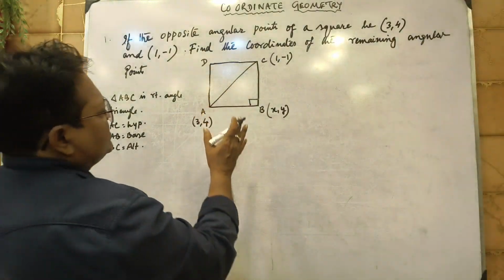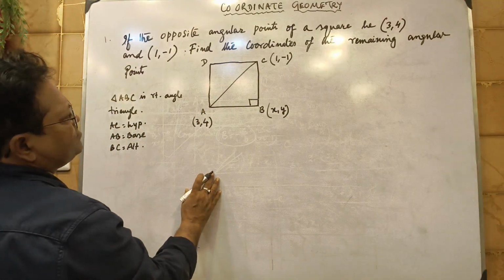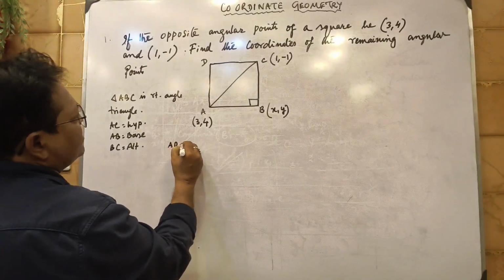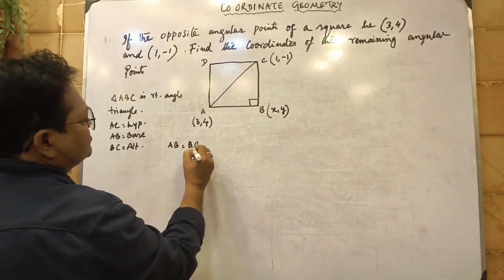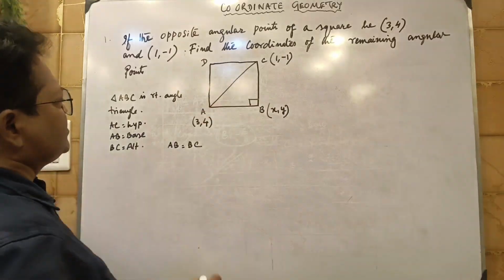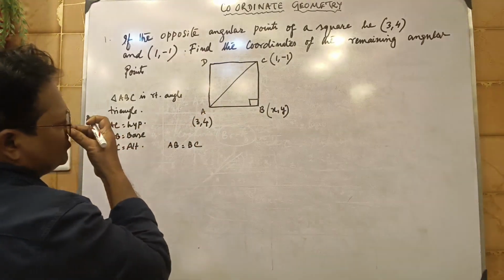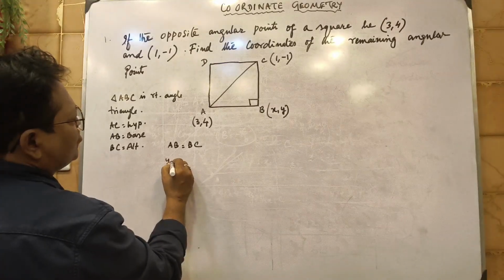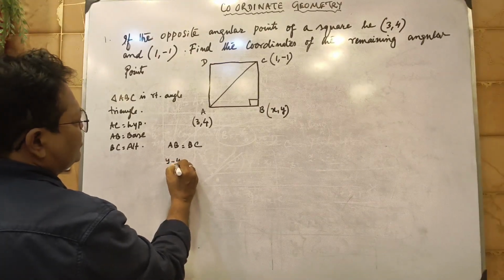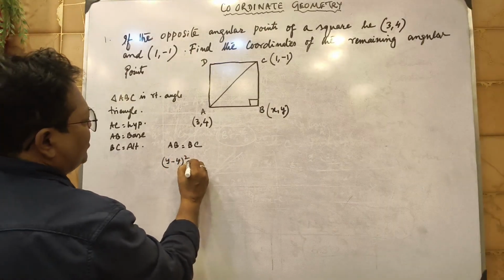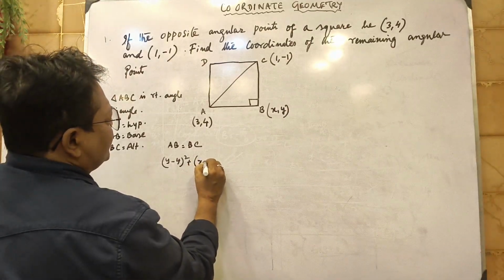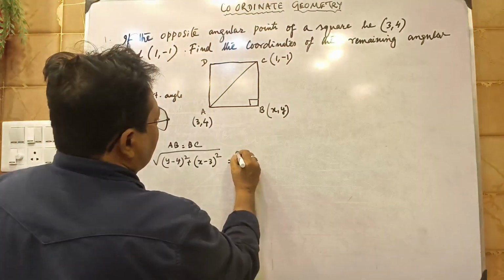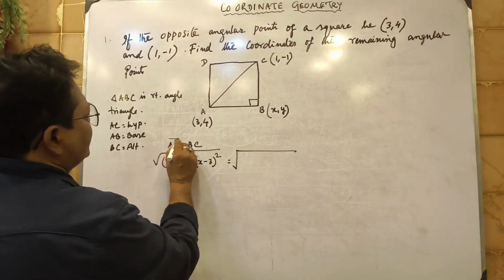Think in this way, where AB is equal to BC. So what is the distance between these two? AB is equal to the square root of y2 minus y1 whole square plus x2 minus x1 whole square, and AB is equal to BC.